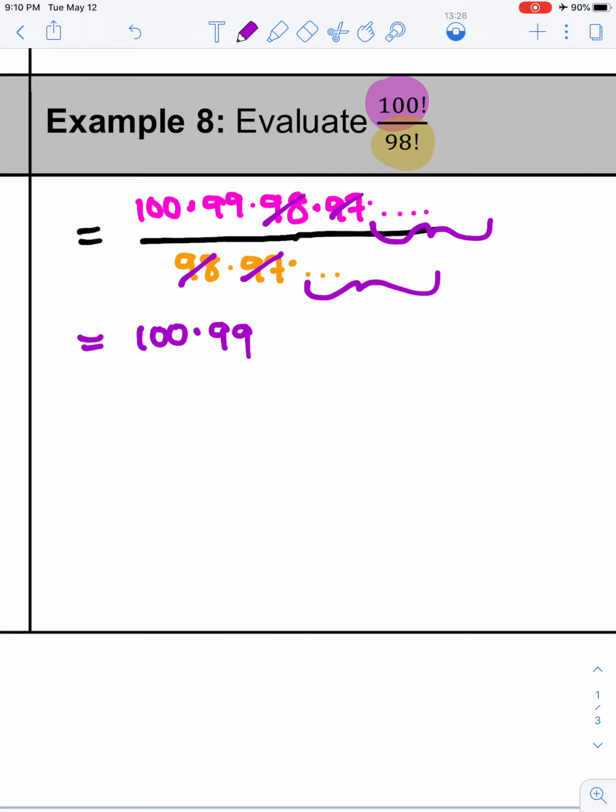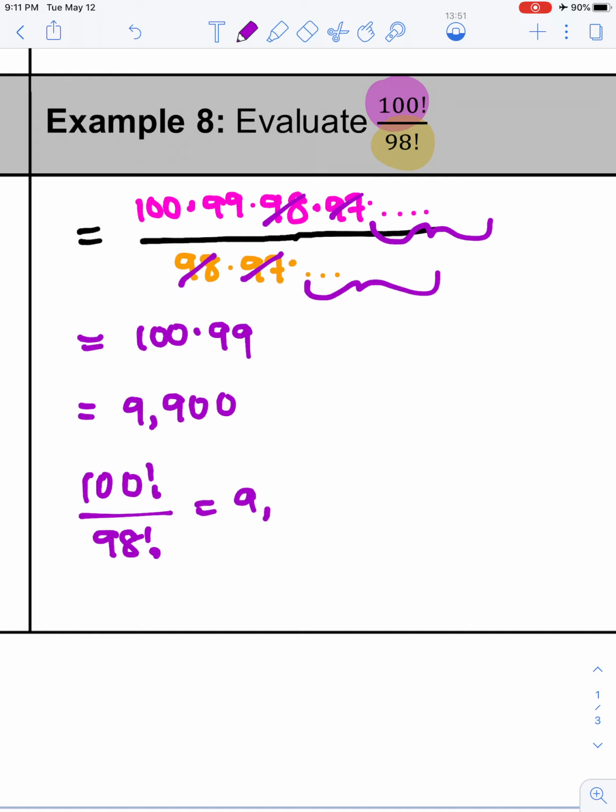And that's a much simpler thing to calculate than write out all factors of 100 factorial and all factors of 98 factorial. Okay, so that multiplication just gives us the value 9,900. So this tells us that 100 factorial over 98 factorial is equal to 9,900.